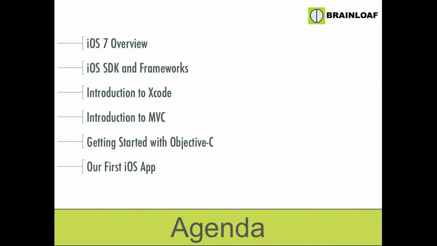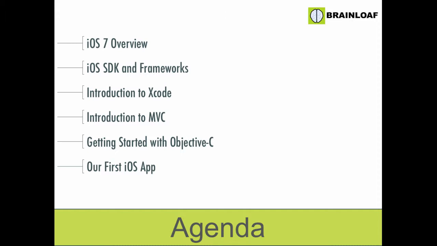So throughout this course, we're going to go through an overview of iOS 7. We're going to talk about the SDK and its frameworks and what it's comprised of. We're going to go through an introduction to Xcode. And then we'll talk about MVC, or Model View Controller, which is the primary design pattern that iOS follows.